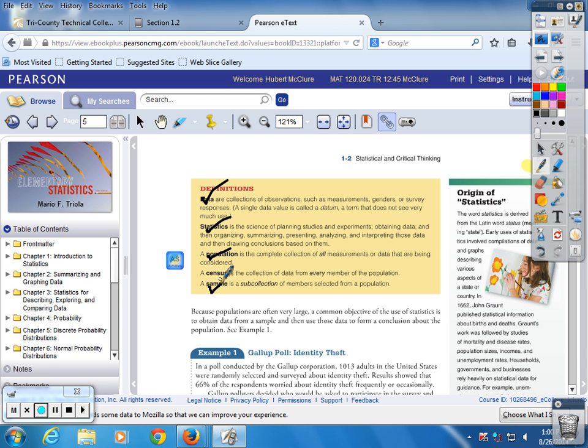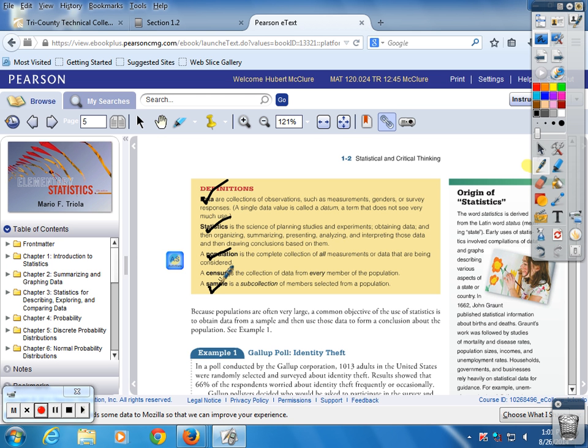And I find out that 28% of the people at Anderson campus are in the Marlboro Club. Well, after using some probability and statistics, I can say with a 93 or 95 or 97 or 98% confidence level that the population of the Marlboro Club at Tri-County Tech is going to be around 23% to 28%.